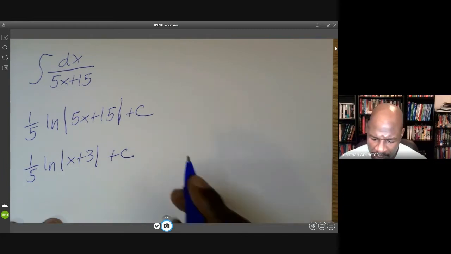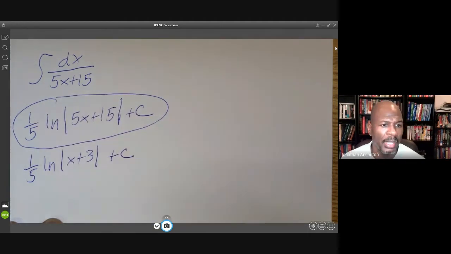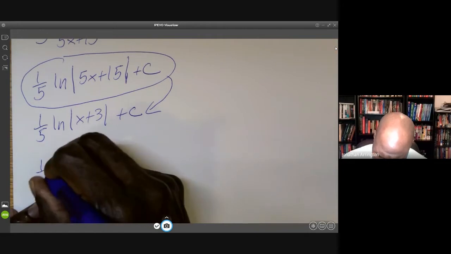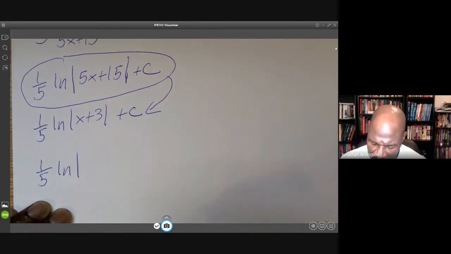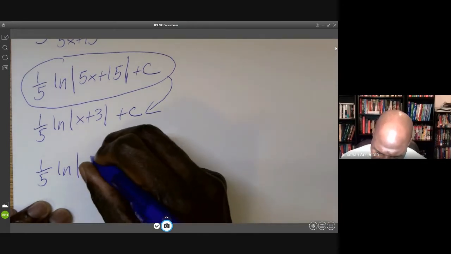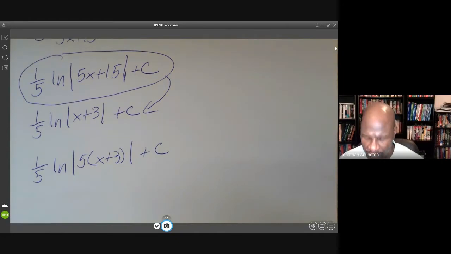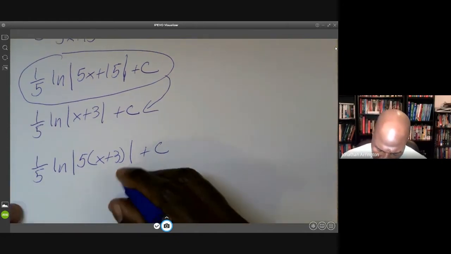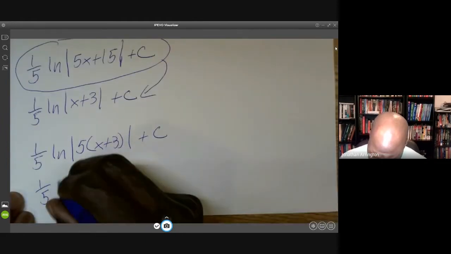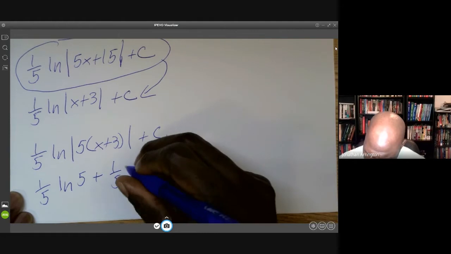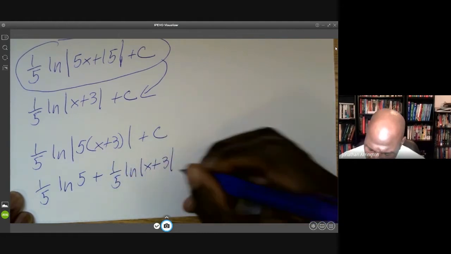So let's take a look, first at this one, and apply some of the properties of logarithms to show that it's really the same as that one. 1/5 ln of the absolute value of 5x plus 15 could be written as 1/5 ln of the absolute value of 5 times (x plus 3), plus some constant, which based off the properties of logarithms would be 1/5 ln 5 plus 1/5 ln of x plus 3, plus c.